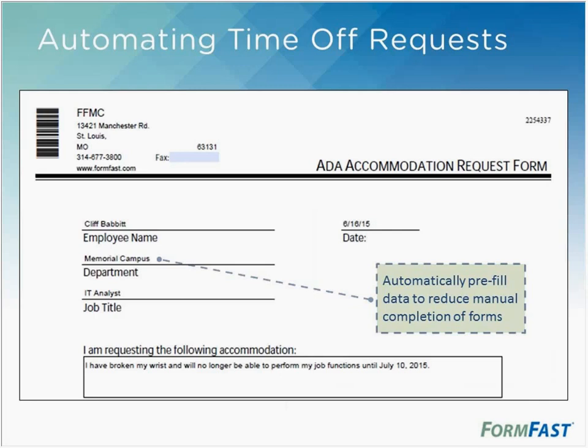FastFlow logs me in automatically and knows some detail about me, what department I work in, obviously today's date, and those values can now be pre-filled on the form, so it's a lot simpler for the user who's submitting that. They don't have to necessarily fill out a lot of information that's redundant, that's already been captured before. So that can be streamlined for them.